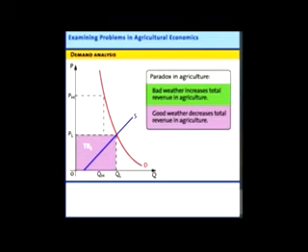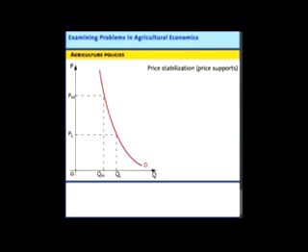So what can we do about a situation like this? What can we do about a situation where shifts in the supply curve create price instability, and price instability creates instability in total revenue? Well, one thing that we could try to do is to stabilize the price. Suppose we decided that the price is going to be stabilized at some notion of average price of corn.